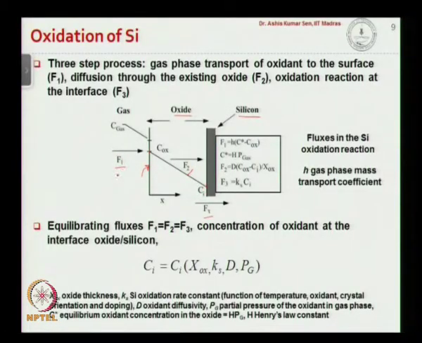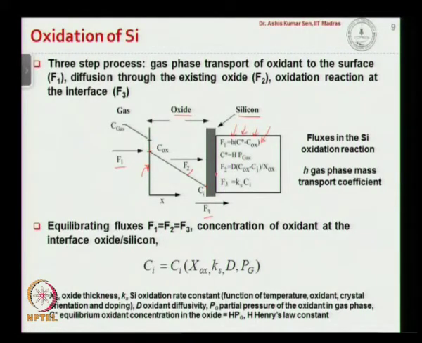F1, the transport of the oxidant to the surface, is governed by this equation: h into (C star minus C ox), where h is the gas phase mass transport coefficient, C star is the equilibrium oxidant concentration in the oxide, and C ox is the concentration of the oxidant on the oxide layer.